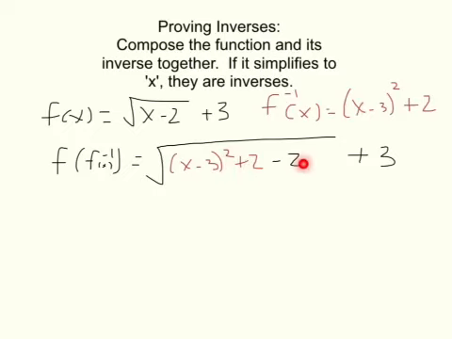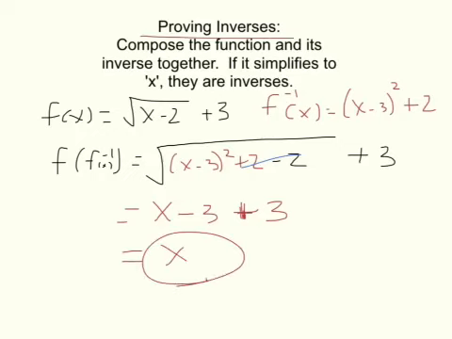Plus 2 minus 2, they're just 0, right? And then the square root of something squared, the square root and the square are inverse operations, so then it just becomes x minus 3. I still have this plus 3 out here. And so that becomes x. So that proves that this function and its inverse are for sure inverses.